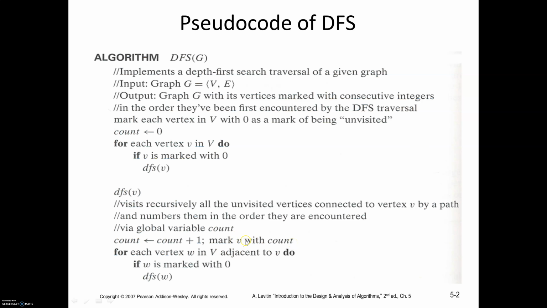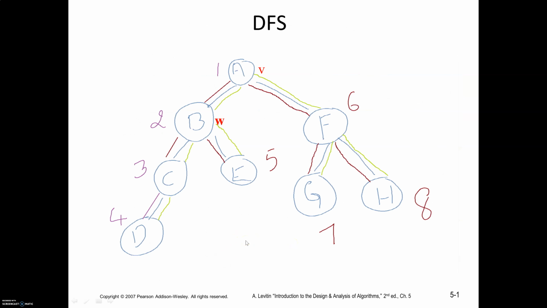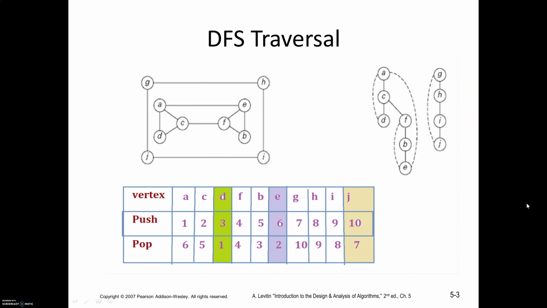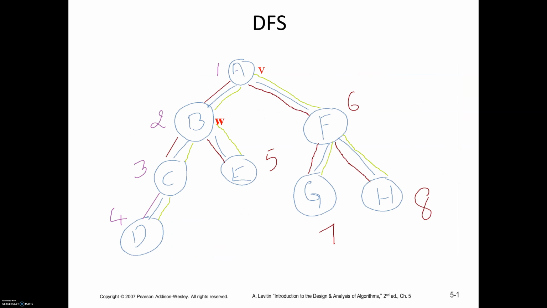Here V is nothing but A. Now A is set to 1. For each vertex W in vertex set adjacent to V, adjacent to V is B. Initially all these are equal to 0. Since B is marked with value 0, invoke DFS with B. This is all about the DFS algorithm.